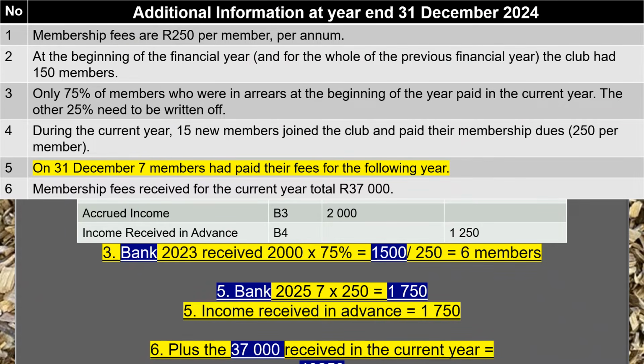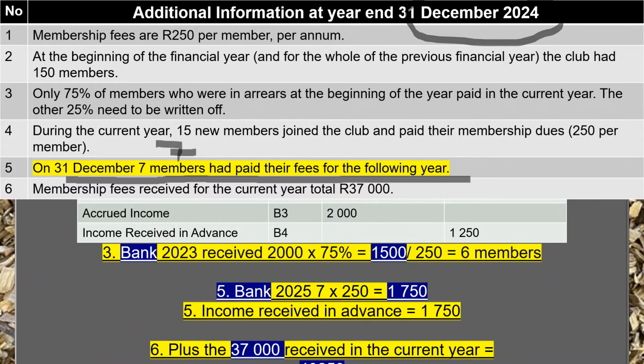Now what we need to do, there are a couple of transactions here. It says on the 31st of December, 7 members had paid their fees for next year. We're on the 31st of December, that is year end. 7 members have actually paid us for 2025. So that is income received in advance, and we need to do an adjustment.